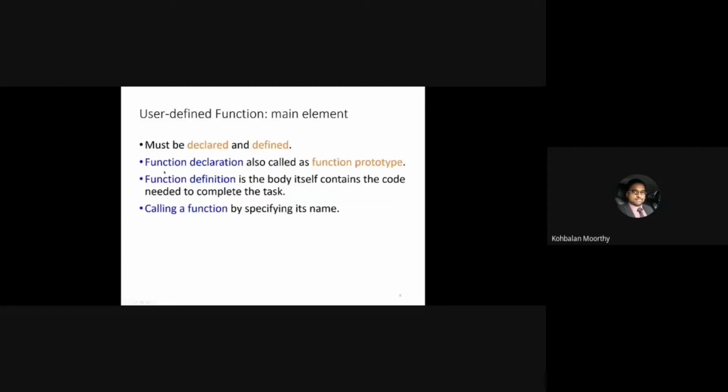There are 3 things that you have to remember when you are doing modular programming or functions, which are function declaration, function definition, and function call, or calling a function. These 3 things are a must. Function declaration is also known as function prototype, and I'll show you in a while. For each function declaration, there are also 3 things required.